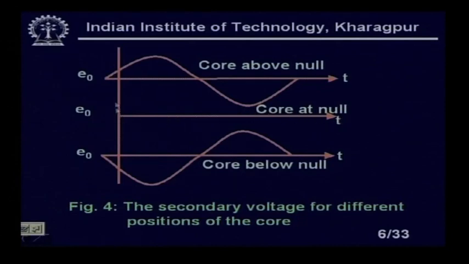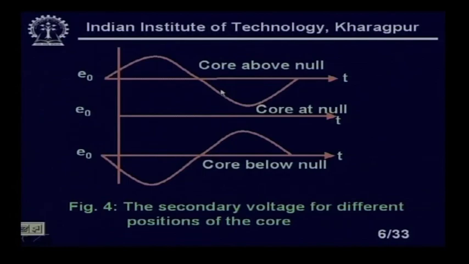So, even though we are giving a sinusoidal excitation voltage, I am not getting an output voltage, since the two secondary voltages cancel each other. Whereas, when the core is above null, I will get a voltage like this with a phase shift. If the core is below null, I will get a 180-degree phase shift, opposite to the core above null, exactly, got it.